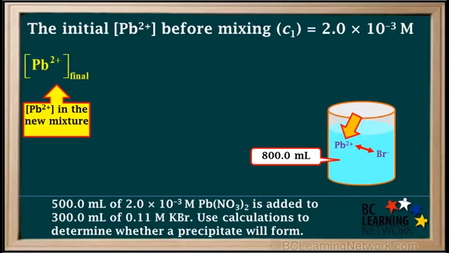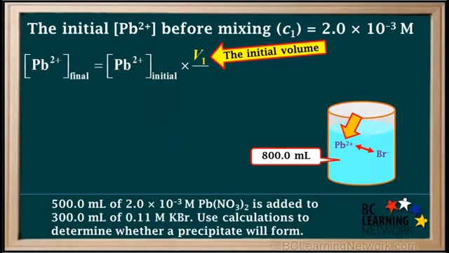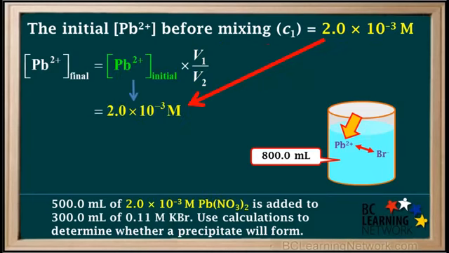So the concentration of Pb2+ in the new mixture, which we'll call the concentration of Pb2+ final, is the concentration of Pb2+ in the original PbNO3 solution, or concentration of Pb2+ initial, times V1, or initial volume, over V2, or final, or total volume. The initial concentration of Pb2+ in the original PbNO3 solution was 2 times 10 to the negative third molar.